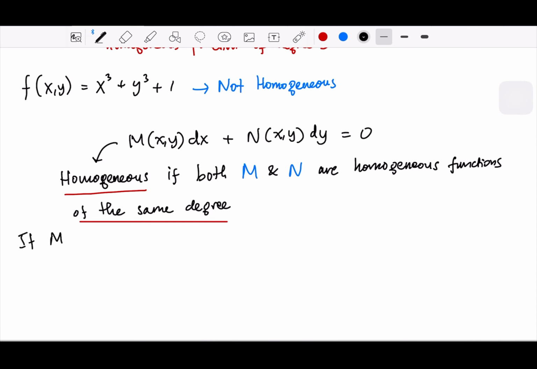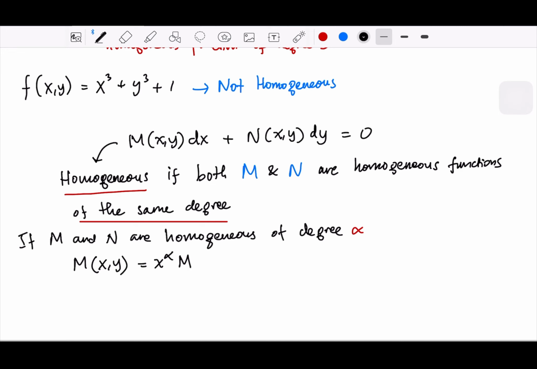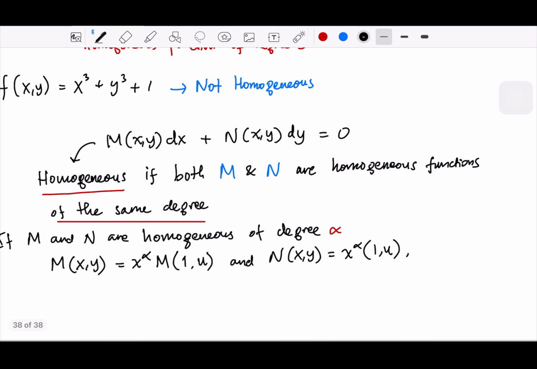So if M and N are homogeneous of degree, let's say alpha, we can write that M(x,y) equals x to the power of alpha M(1,u), and N(x,y) equals x^alpha N(1,u), where we have our substitution that u is y over x.